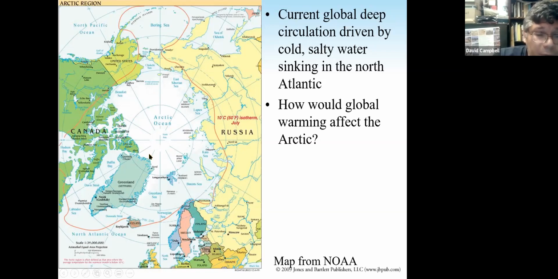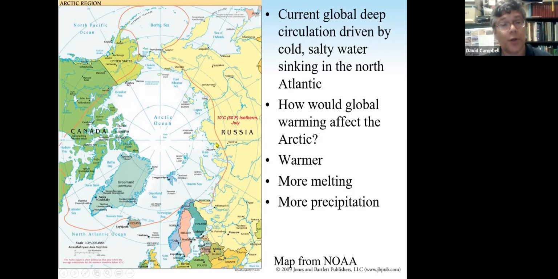Some of that's going to be flowing into the Arctic along here as well. So warmer, more melting, more precipitation. All that means that the Arctic is going to tend to be warmer and fresher.